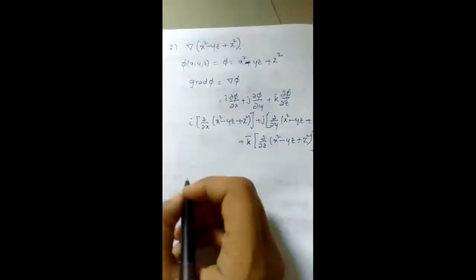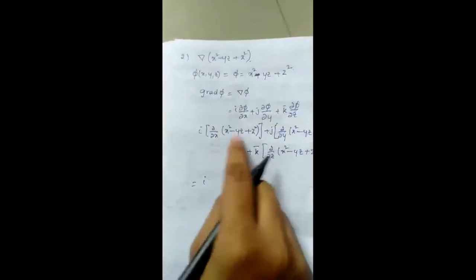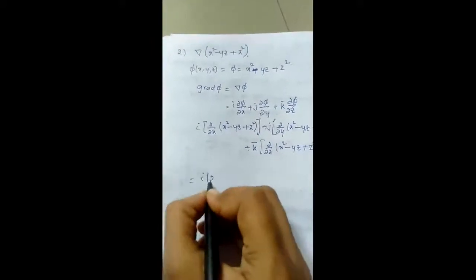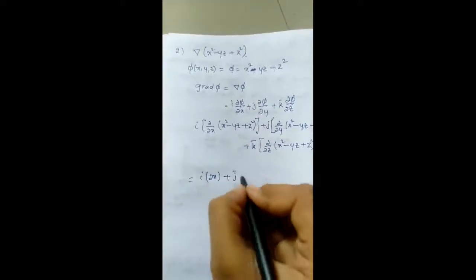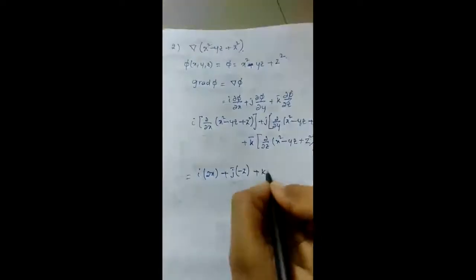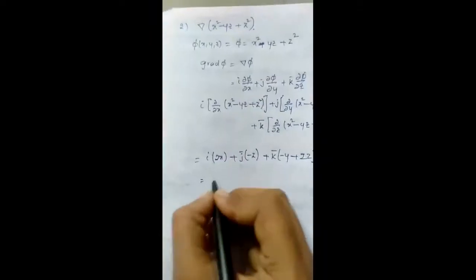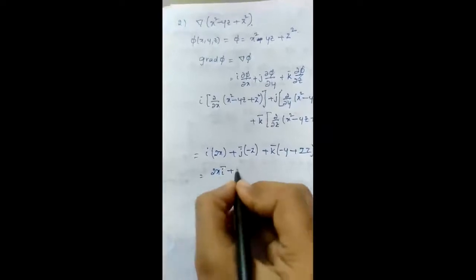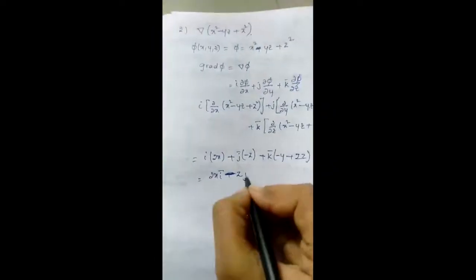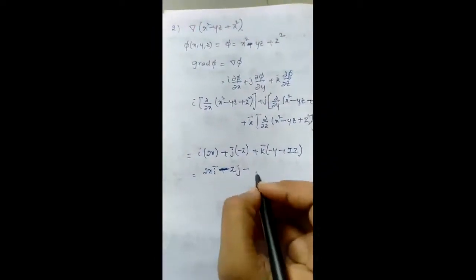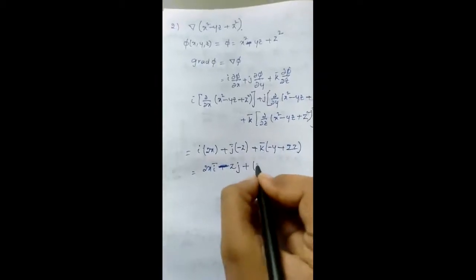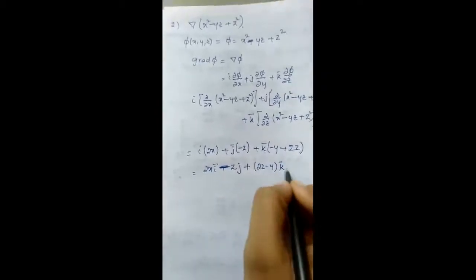Next, i into differentiating with respect to x, that is 2x, plus j into minus z, plus k bar into minus y plus 2z. So 2x i bar minus z j bar plus 2z minus y into k bar. Like this you are going to do the problem for calculating the gradient of phi.